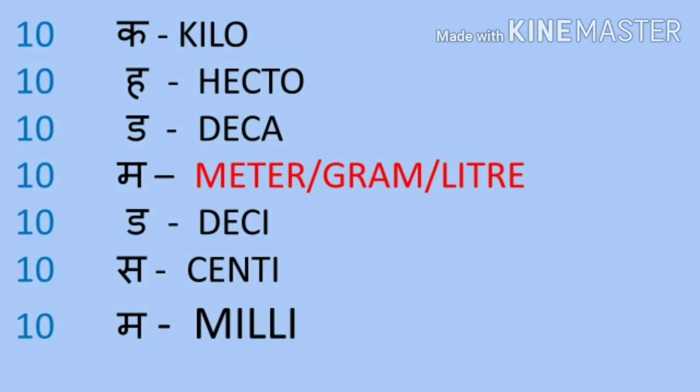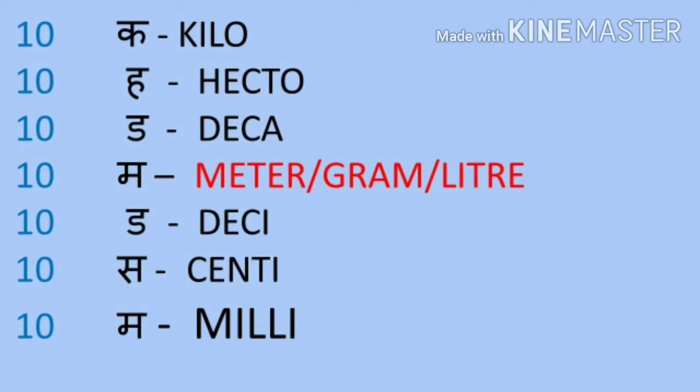But you have to remember that there are two Da, means first Da is deca and the next Da is deci. Similarly, there are two Ma, so first Ma is for meter and second Ma is for milli. Each has the same value, that is equal to 10.